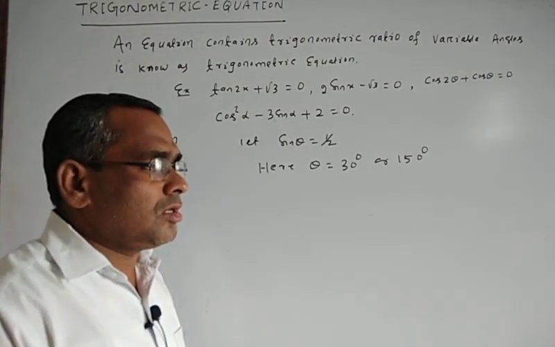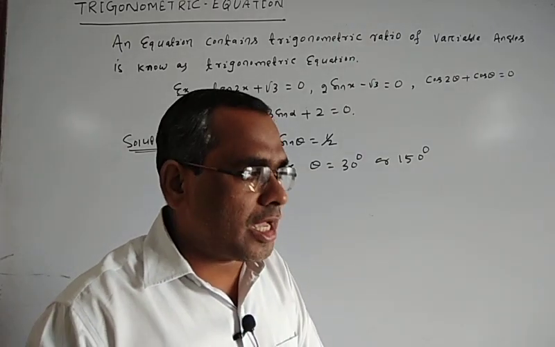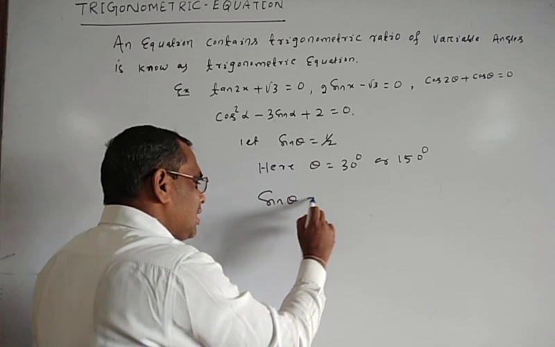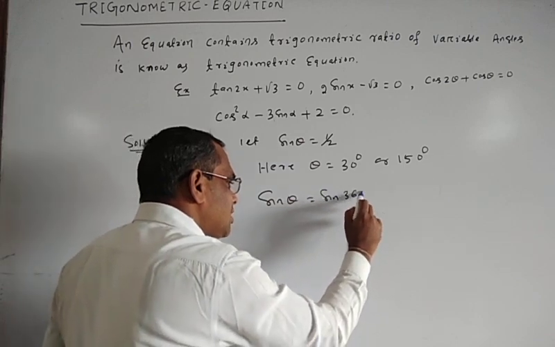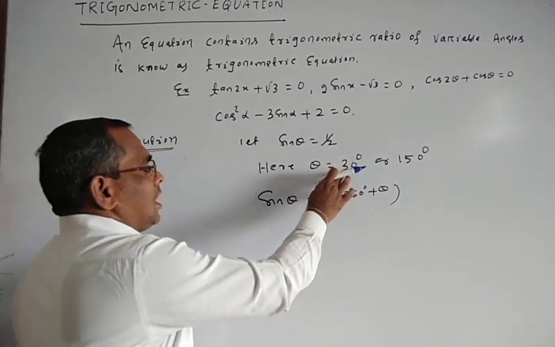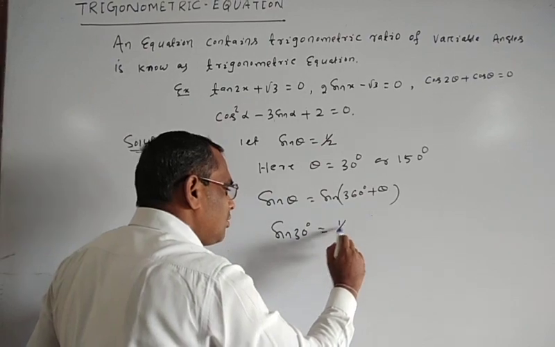You know, sin theta is equal to sin of 360 degree plus theta. Here theta is equal to 30 degree, that is sin 30 is equal to 1 by 2.